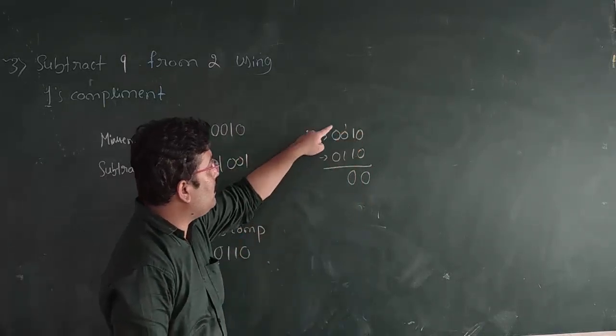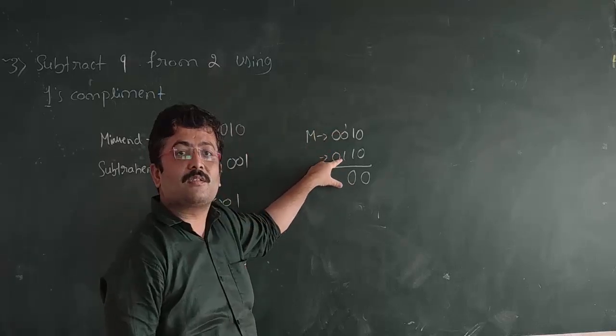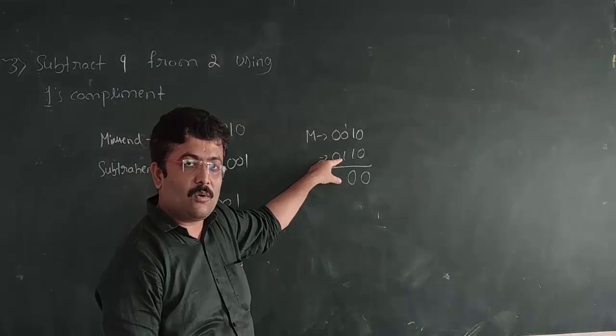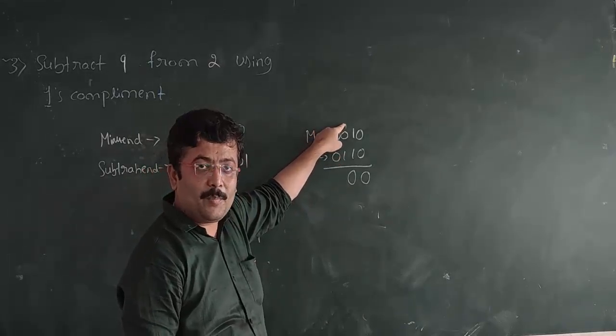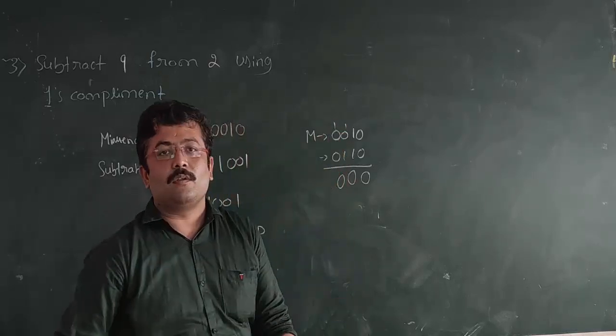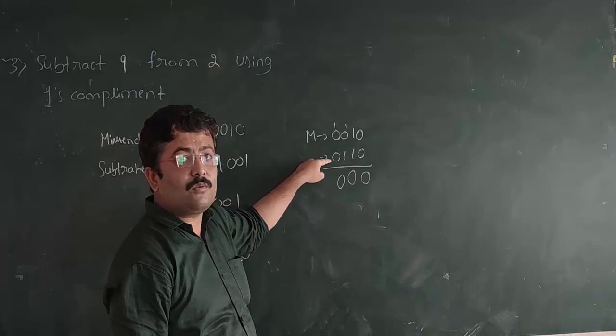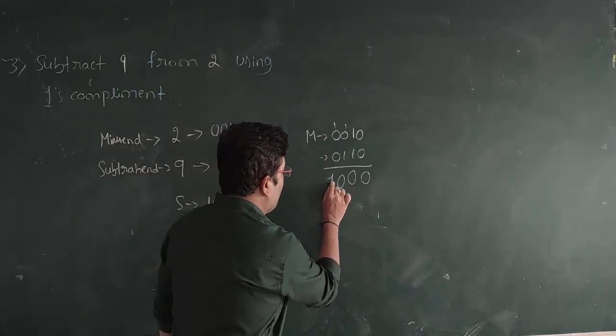Next, here 3 values are there. So first 0 plus 1, sum is 1, carry is 0, and 1 plus 1. So the carry 1 plus 1, the sum is 0, carry is 1. So next 0 plus 0, sum value is 0, 0 plus 1 is 1.